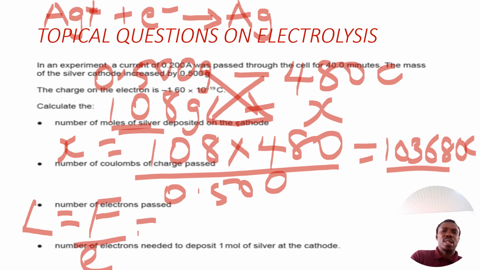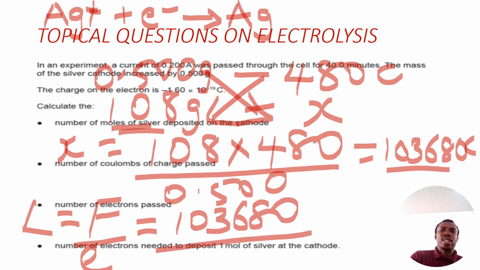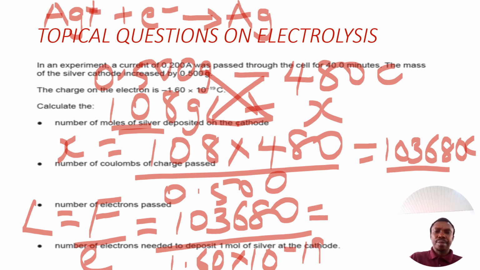So the Faraday's constant here is 103,680, and the charge on 1 electron will be equal to 1.60 times 10 raised to the power minus 19. So you now have 103,680 divided by 1.60 times 10 raised to the power minus 19. So what you have is it will now be equal to 6.48 times 10 raised to the power 23.